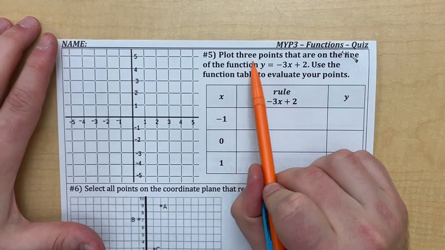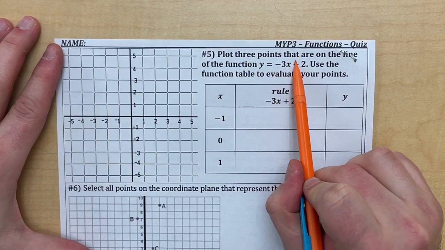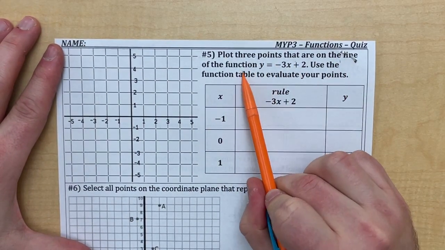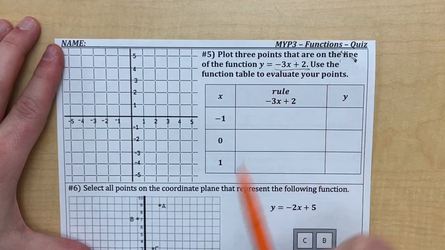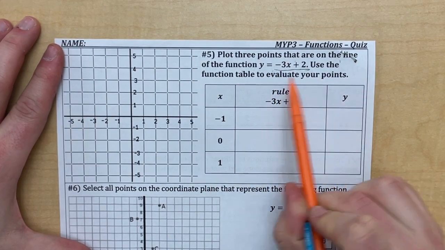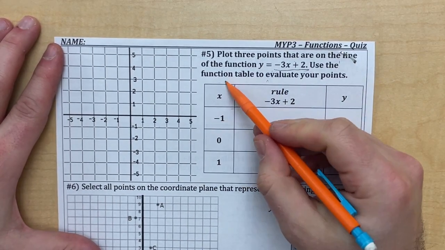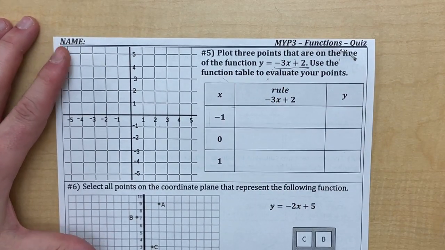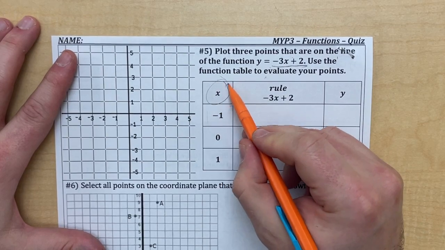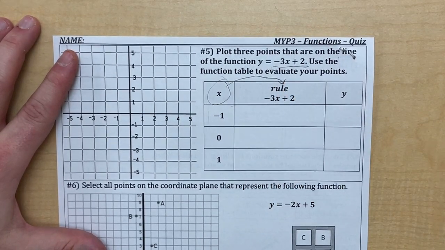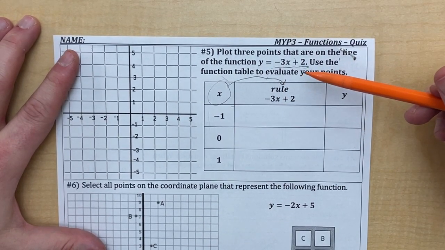For number 5, it says plot 3 points that are on the line of the function y equals -3x plus 2, and then use that function table to evaluate your points. So I give you the x values, and all you have to do is this. You have to take these x values and plug them into your function. Again, think of that vending machine.